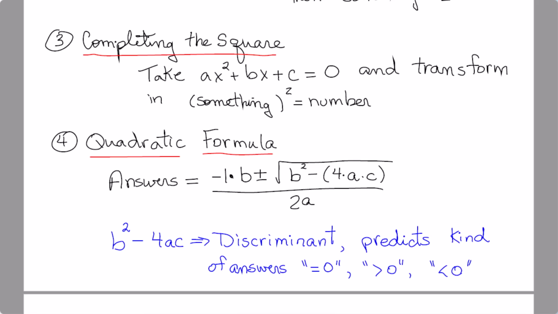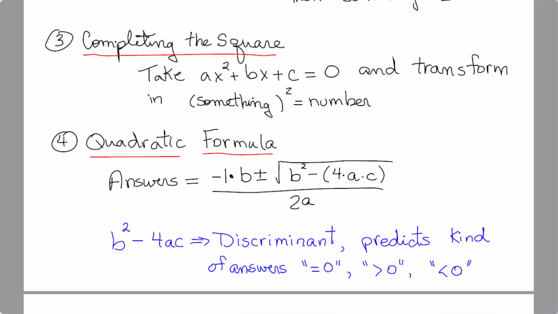This discriminant could calculate to be 0. Well, if it's 0, it's all gone. I don't get a plus or minus because it's gone, and so we would get one real answer. If it calculates to be bigger than 0, then the plus or minus comes into effect and I get two real answers.